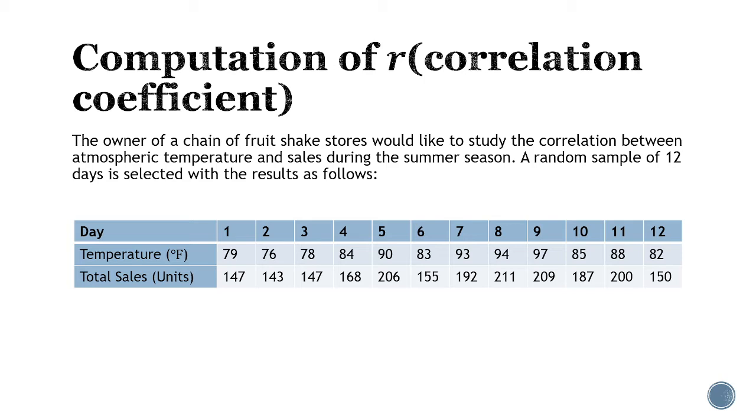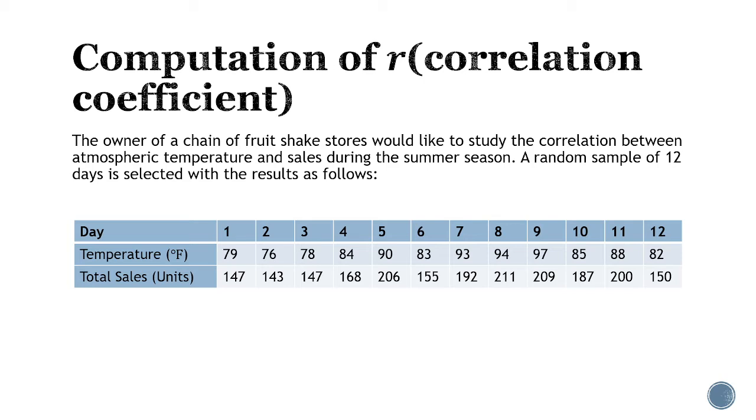For day 1, the temperature is 79 degrees Fahrenheit with total sales of 147. That is one of our paired variables. We also have 76 for 143, 78 for 147, 84 for 168, and so on. He took 12 days, and for those 12 days he recorded the average atmospheric temperature, and then the sales during that time.